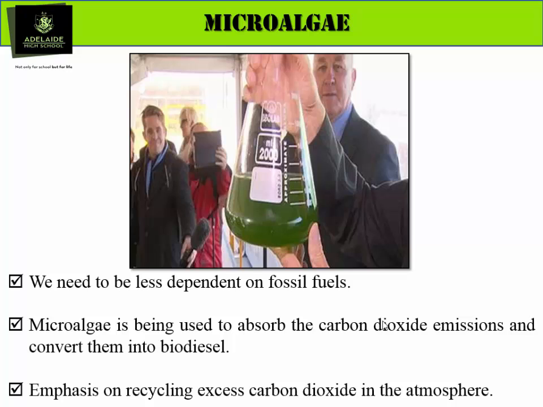But the emphasis here is you need to know there is a recycling of carbon dioxide. We don't really concentrate much on how we try to burn it and balance the whole ecosystem. We try it by using microorganisms to do the balancing for us. Okay, that's the third one.